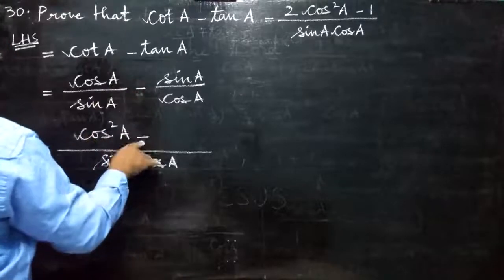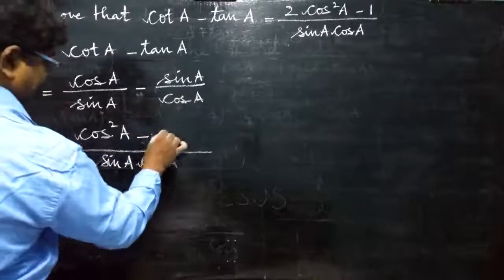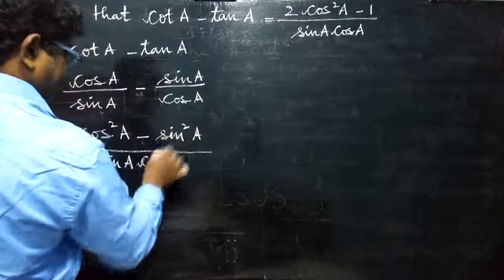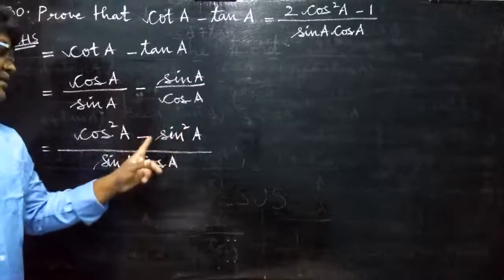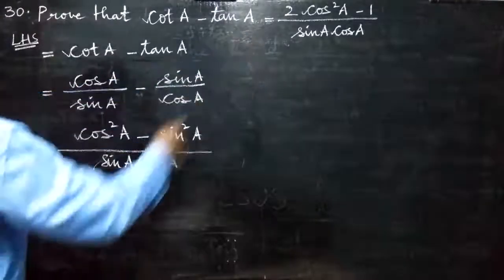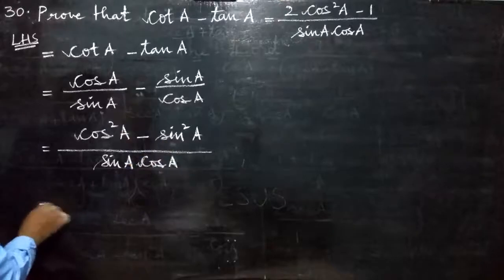Minus is there. Cos A how many times goes? Sin A times. Sin A into sin A, sin square A. This is not an identity. Cos square A plus sin square A means 1. But here minus is there. So, the denominator we got. The numerator we have to get. Change this one. What is that?